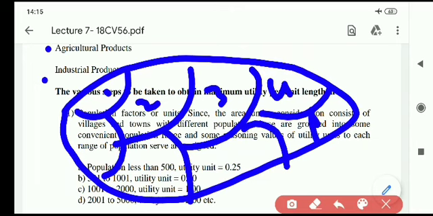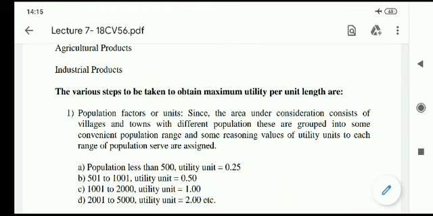All the population is taken into account and noted down. And we are going to fix some standard values for these populations. Whatever value we fix with respect to the population, that value is known as the utility unit.